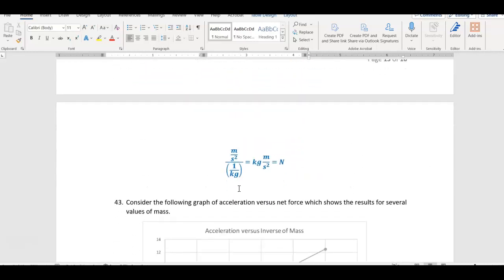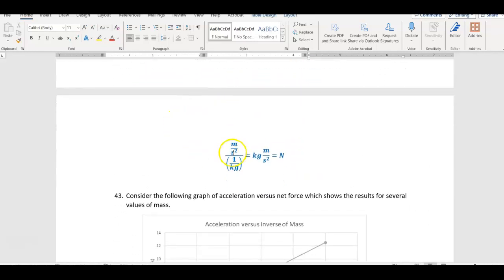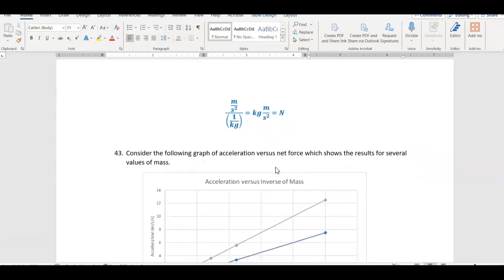The units of this slope are meters per second squared over 1 over kilogram. And so if I, instead of dividing by 1 over kilogram, that's the same thing as multiplying by kilogram. And so I get kilogram meters per second squared. Hey, that's just a Newton. A Newton is a kilogram meter per second squared.